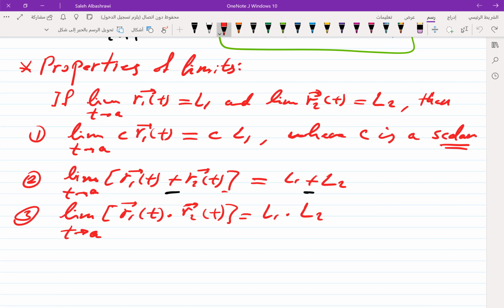We said that the limit of c r1 equals c L1, where L1 is the limit of the vector function r1, and the limit of the sum of two vector functions equals the sum of their limits, and also the limit of their dot product equals the dot product of their limits. In this part, we are going to give some examples about these properties.